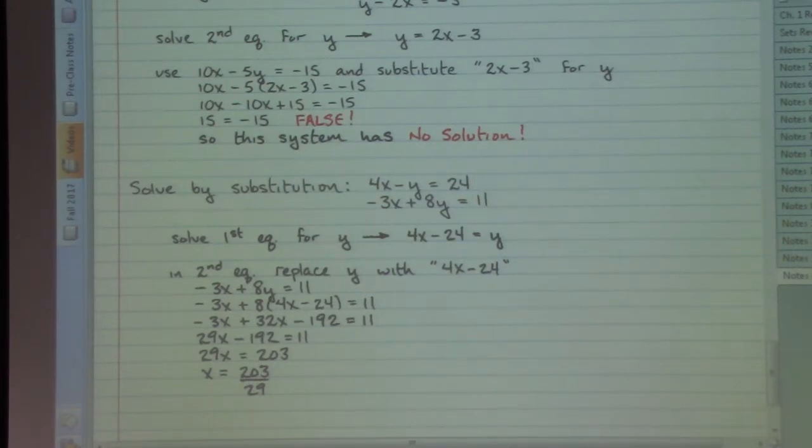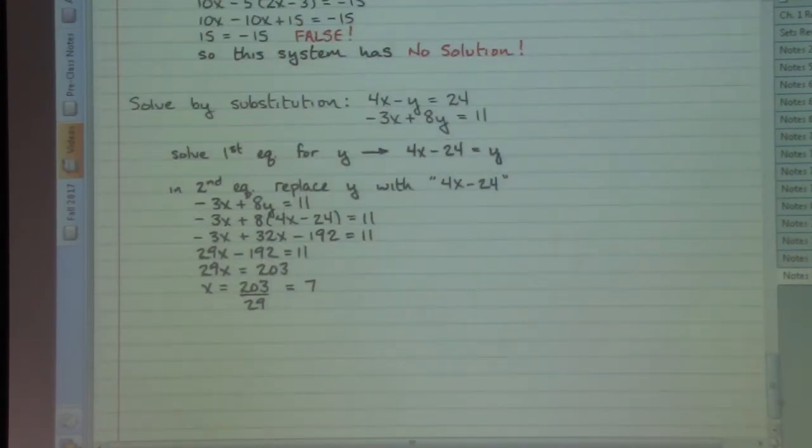And so if we pull up a calculator and see if we can luck out there, we do in fact luck out and get 7. This is half of what we need. X equals 7 is half of the point of intersection, half of our solution.